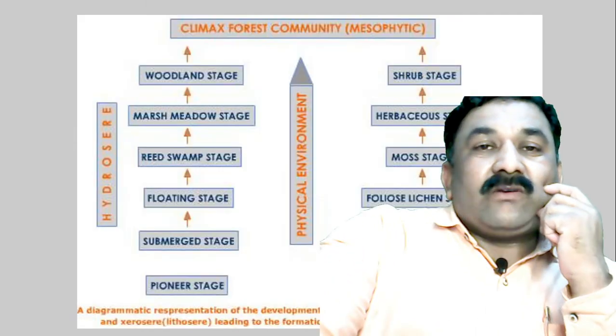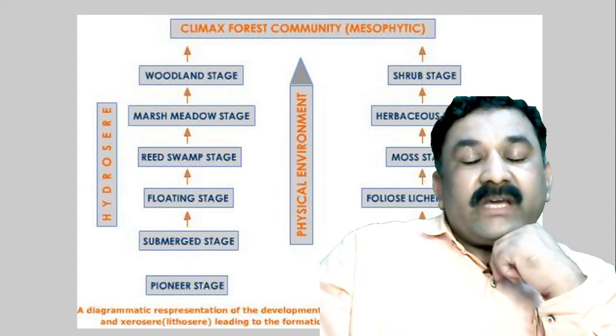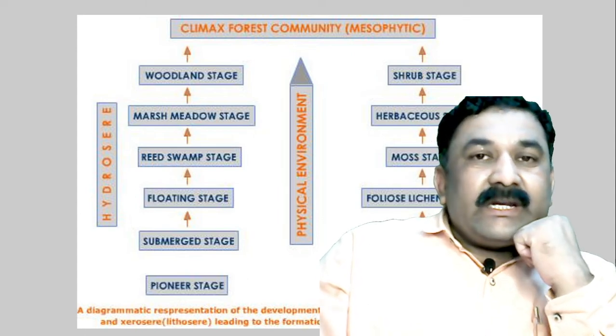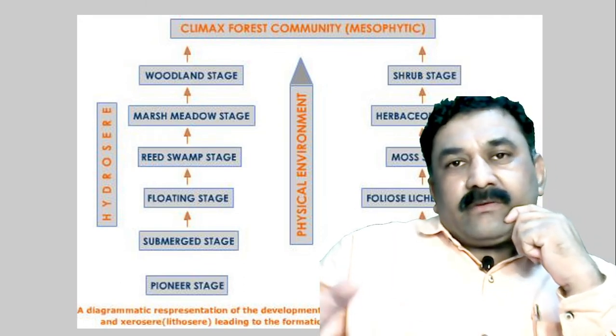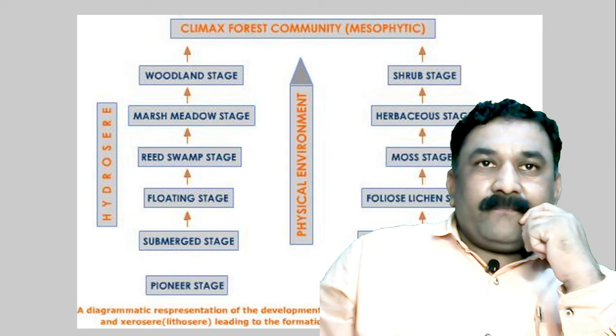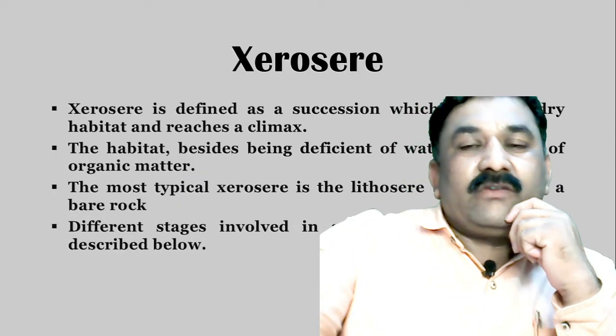These all are the stages which are there in the hydrosere. Hydrosere means this is the development of the pond ecosystem into the forest ecosystem. So overall, this is the way in which the complete hydrosere will develop.